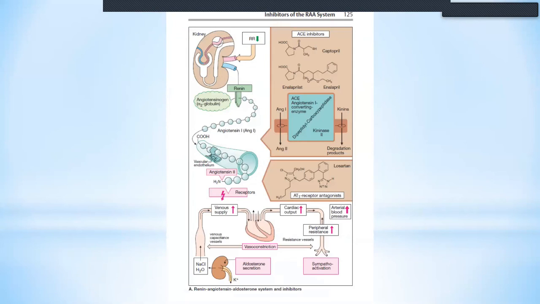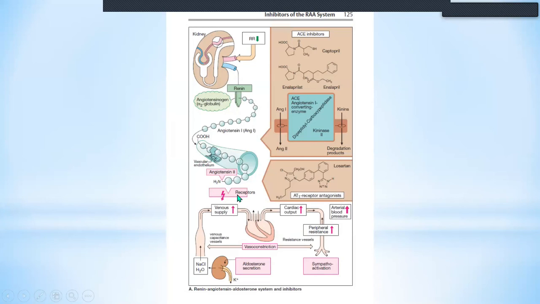What happens is that the renin-angiotensin system is one of the important systems. Aldosterone secretion increases the output of potassium. Then sympathetic stimulation causes increased peripheral vascular changes, and because of this the cardiac output will be increased. Of course, the venous supply is also increased.